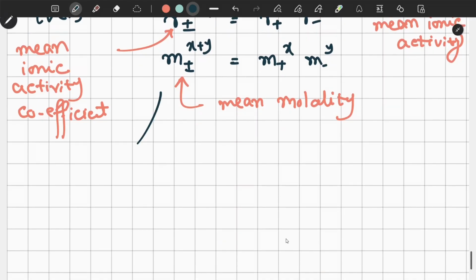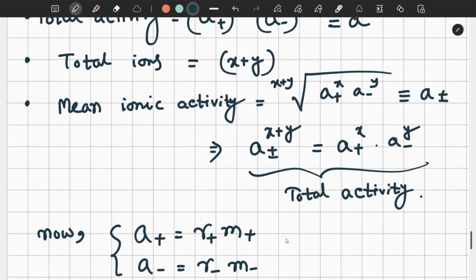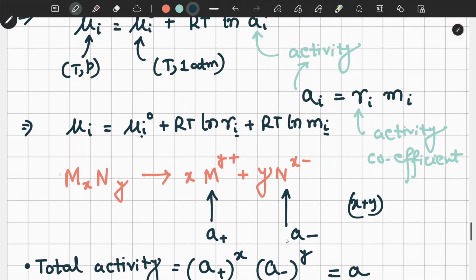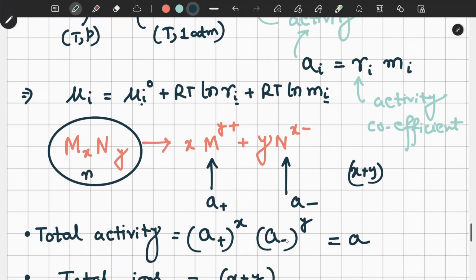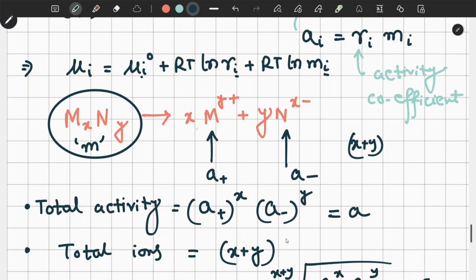Now, if you start from here, what will be the M plus and what will be the M minus? This is in your hand. If the concentration of this species, this salt, is m in molality, then obviously what will be the concentration of M plus?